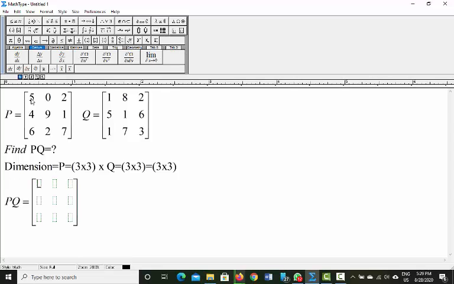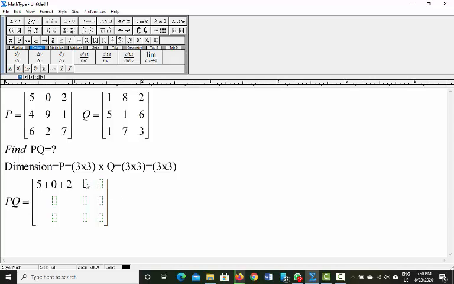First of all, we will multiply the first row of the first matrix with the first column of the second matrix. So we can write it like that: 5 plus 0 plus 2.